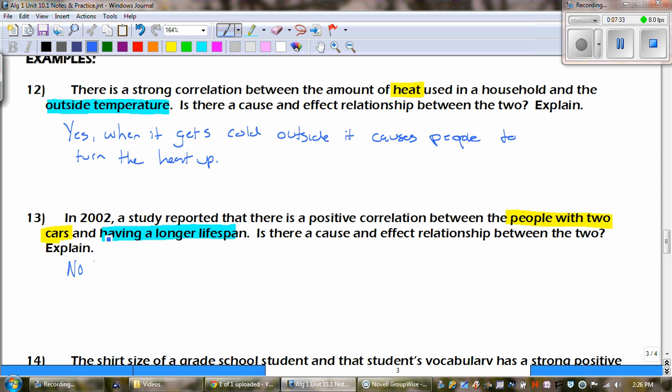No. And the reason is, just because a person has two cars doesn't mean they're automatically going to live longer. Just because a person has two cars, that doesn't mean they're going to live longer.